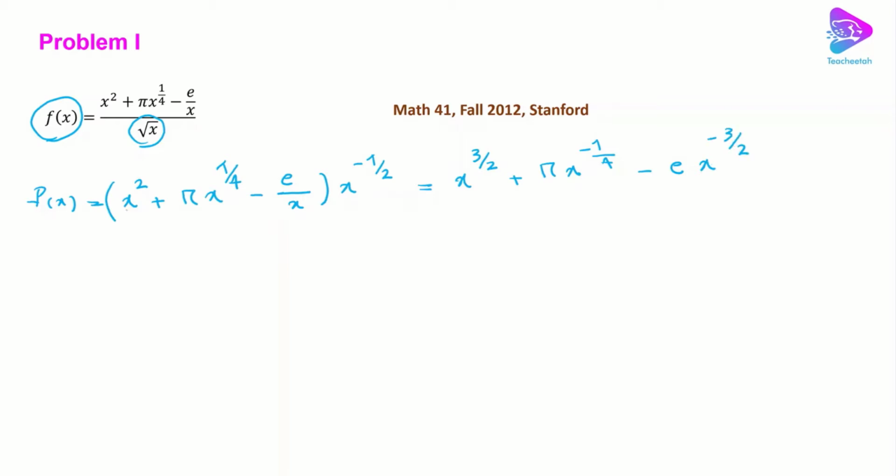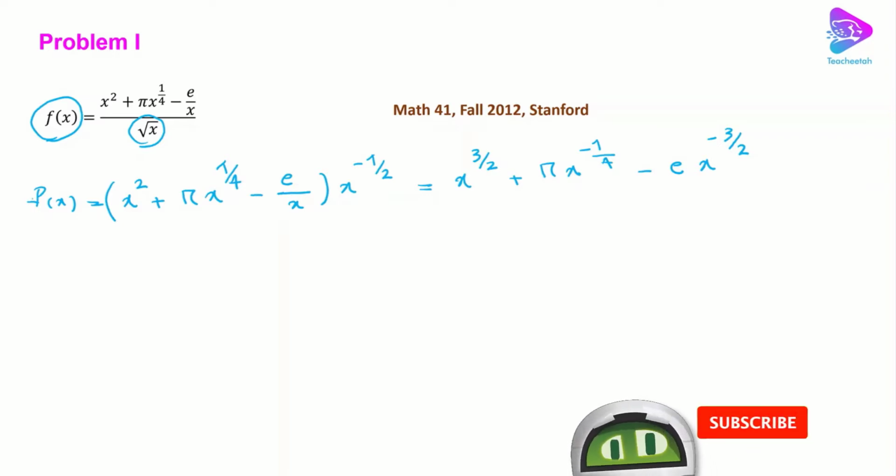What we are doing is just multiplying x squared with x to the power of minus 1 over 2, pi x to the 1 over 4 times x to the minus 1 over 2, and minus e over x times x to the minus 1 over 2. So this is what we get for f(x) basically.